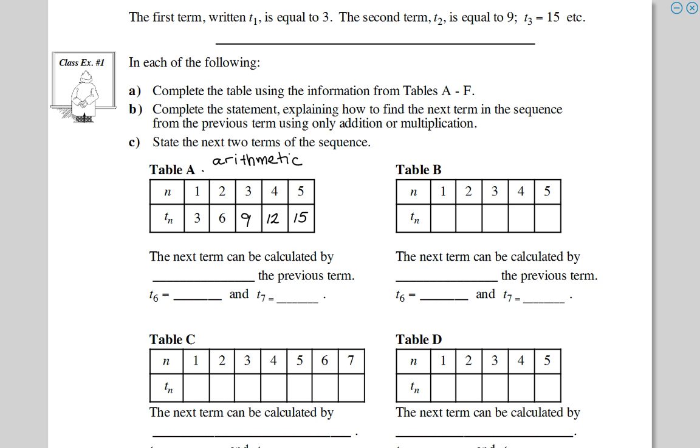Sequences look like this. You have your first term, T1, then a comma, your second term, T2, and then your third term, T3, and so on, dot, dot, dot. And in general, what you have there is Tn.